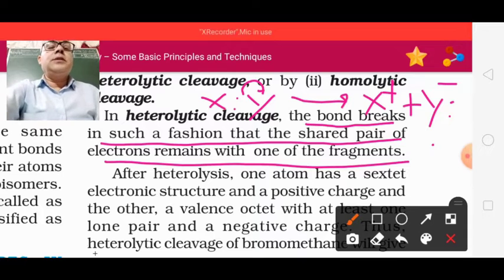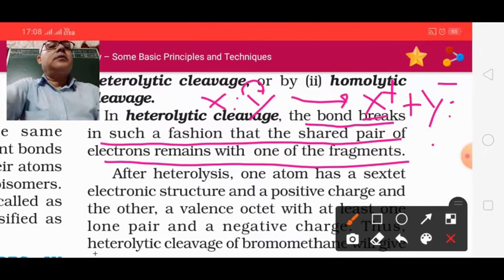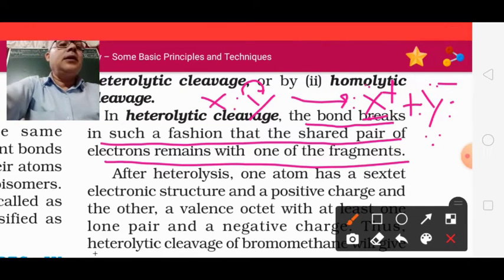After the cleavage, you will see that one of the atoms has only 6 electrons and the other has 8 electrons.